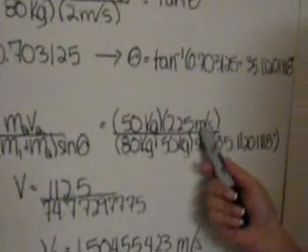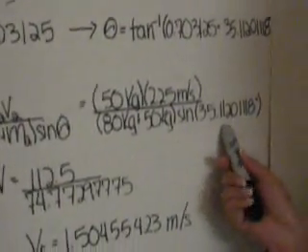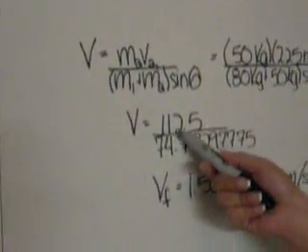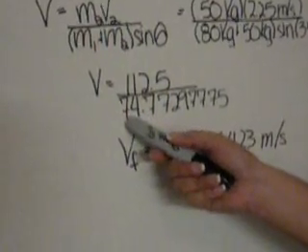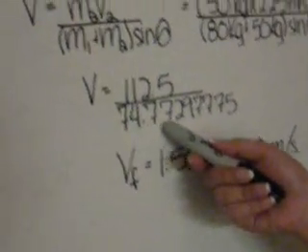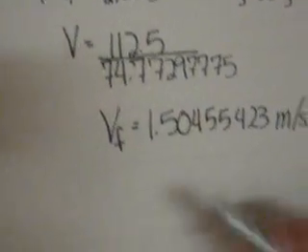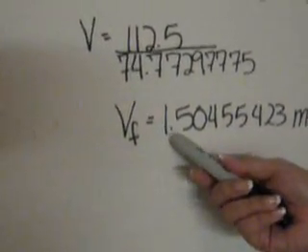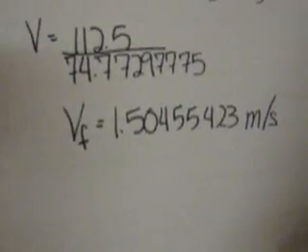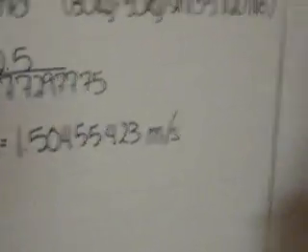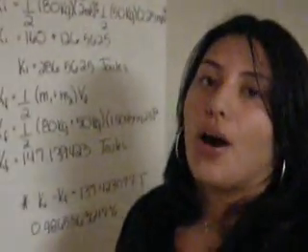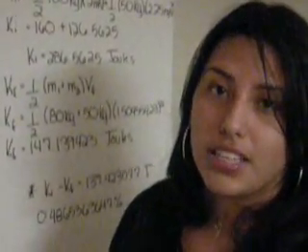We plug in the numbers and our new angle, and then by solving for v, we get 112.5 divided by 74.77297775. Our final velocity, which is the answer for part A, would be 1.50455423 meters per second.